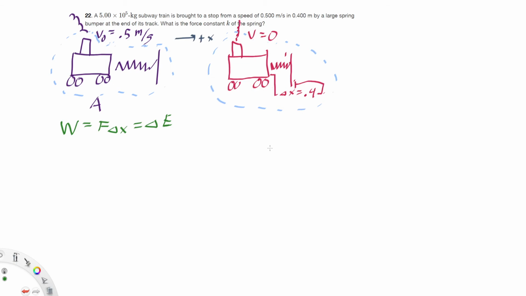It's internal to the system, so it's not going to do any work. And actually, there's no change in energy from situation A to situation B. All we're going to do is change how we arrange the energy, but we won't be changing how much energy there is.